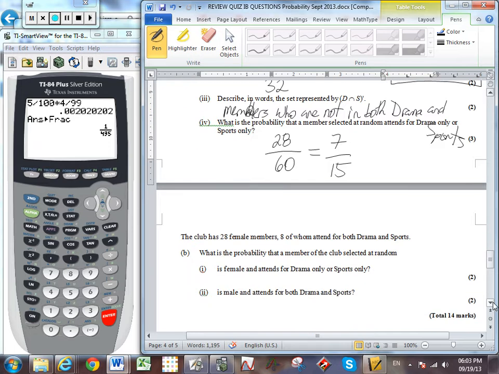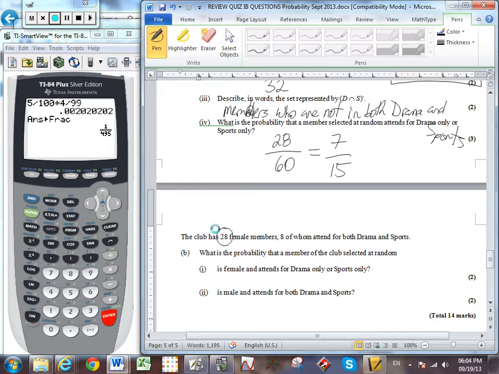What is the probability that a member of the club selected at random is female and attends for drama only or sports only? Well, let's see. We know that everybody in the club belongs to the circles, right? They all take either drama or sports or both. So all 28 of our female members are inside the circles somewhere.